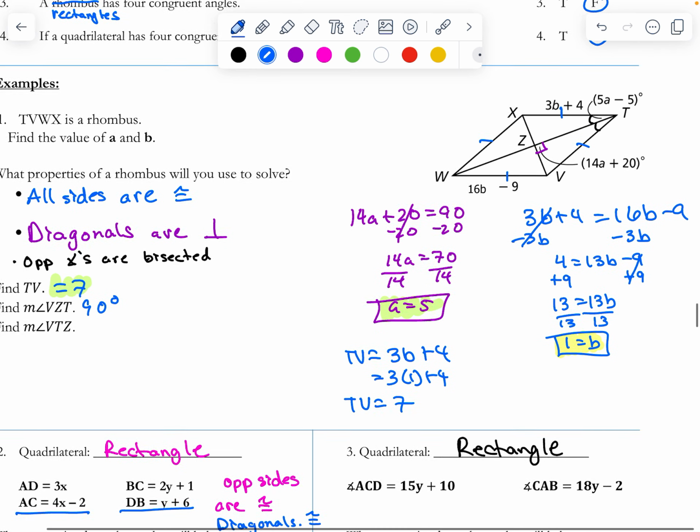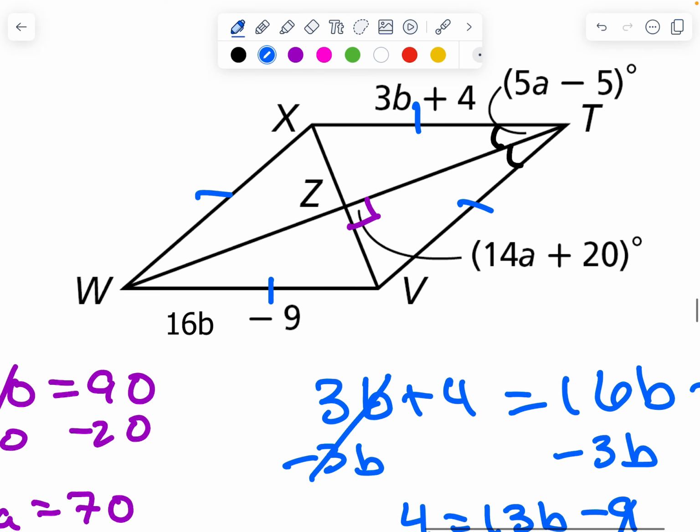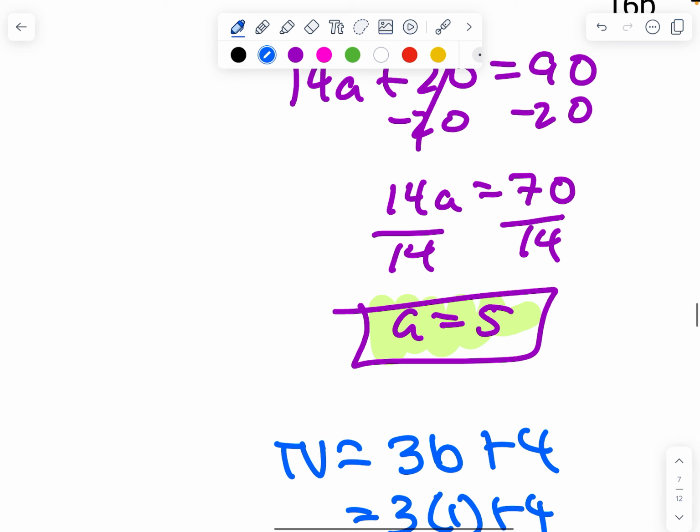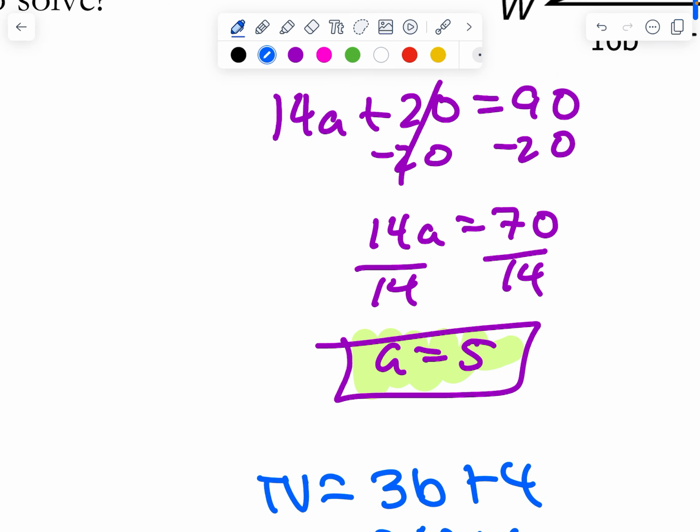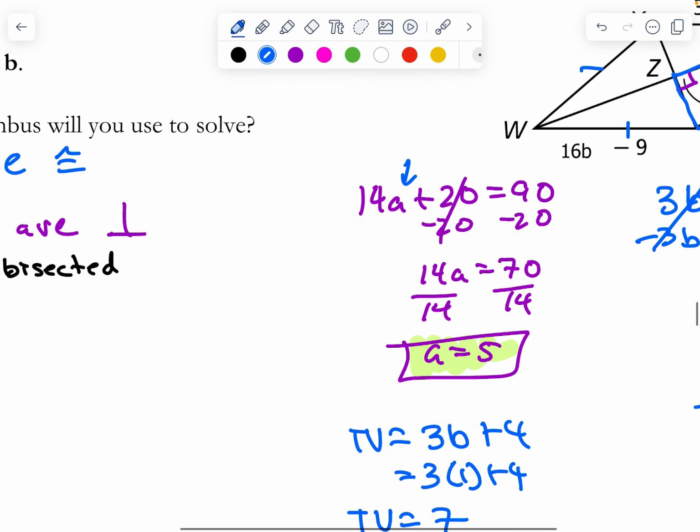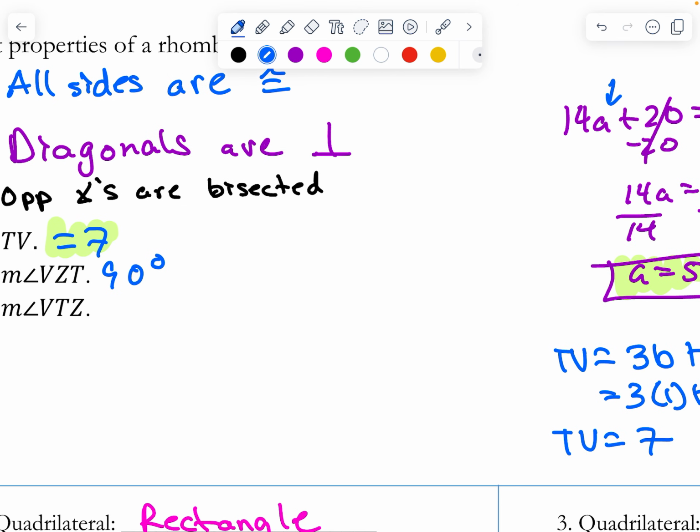Well, remember, VZT is this angle right here. So VZT is 90. We set that equal right there. If you wanted to plug in 5, you're going to get 70 plus 20, which is 90. So we can just skip that entire step. But if you wanted to show it, go ahead. That would just be 14 times 5 plus 20, and you get 90.